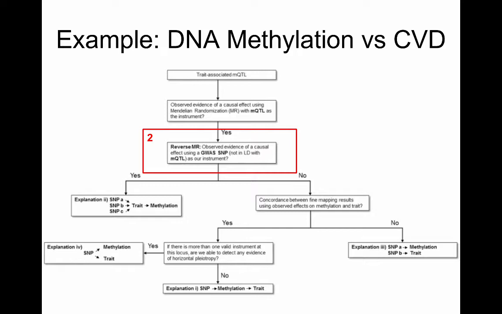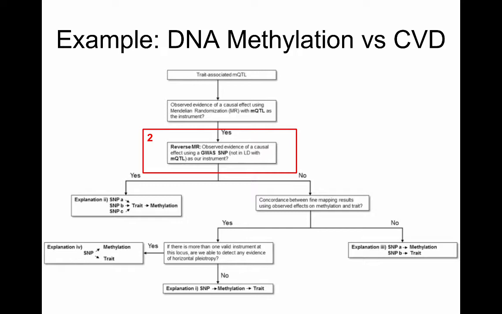So let's say from the first step, we do know that methylation is causally affecting the phenotype, because they did, right here in that second box, a Mendelian randomization study and confirmed that it is in fact causal, that all the assumptions are satisfied and so on. So now we can ask our second question in the red box, and we can do that in another sample.